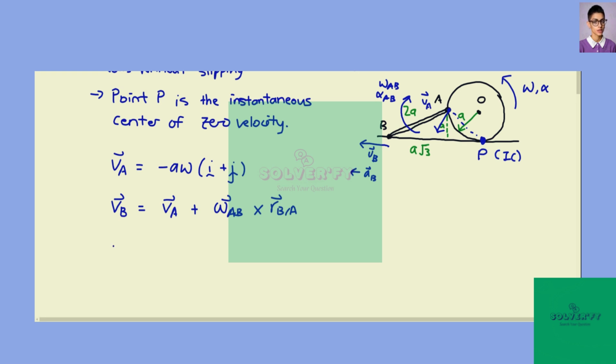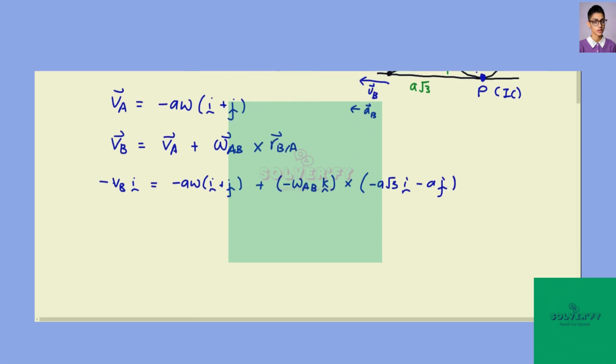So then we have minus VB in the I direction is equal to minus A omega I plus J plus minus omega AB K cross the position vector of B relative to A, which is minus A root 3 I minus A J. Continuing, minus A omega I plus J plus A omega AB.